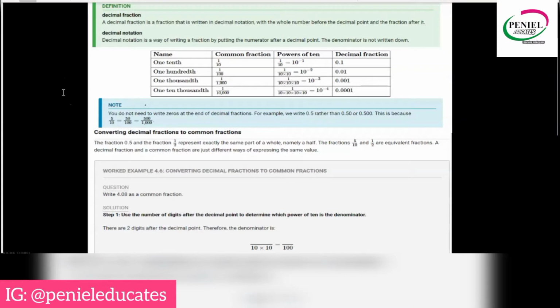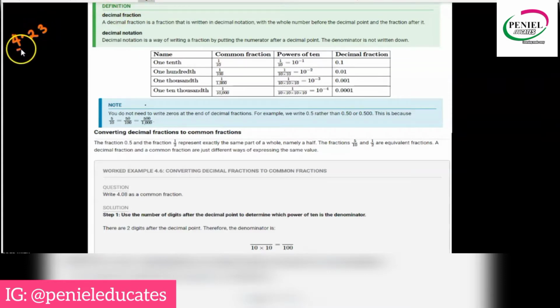Decimal fraction. A decimal fraction is a fraction that is written in decimal notation, with the whole number before the decimal point and the fraction after it. For example, you can have a decimal such as 4.23.